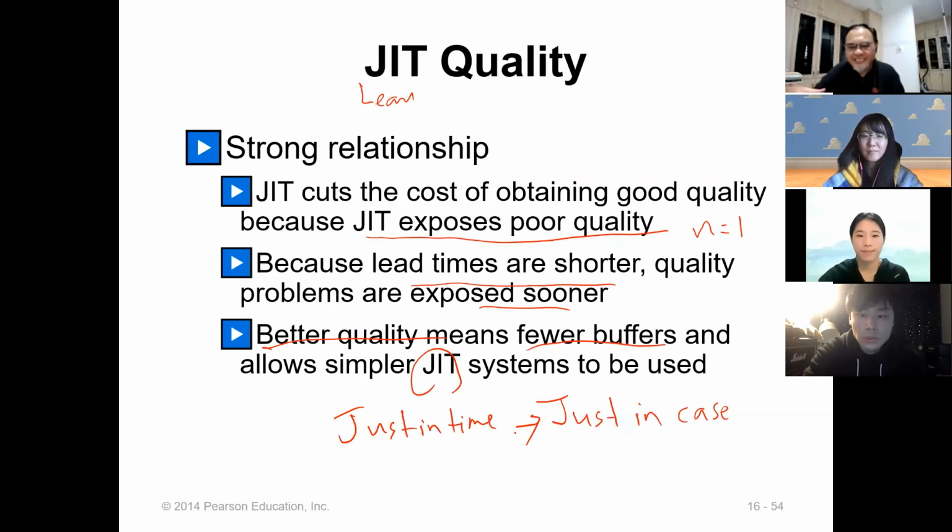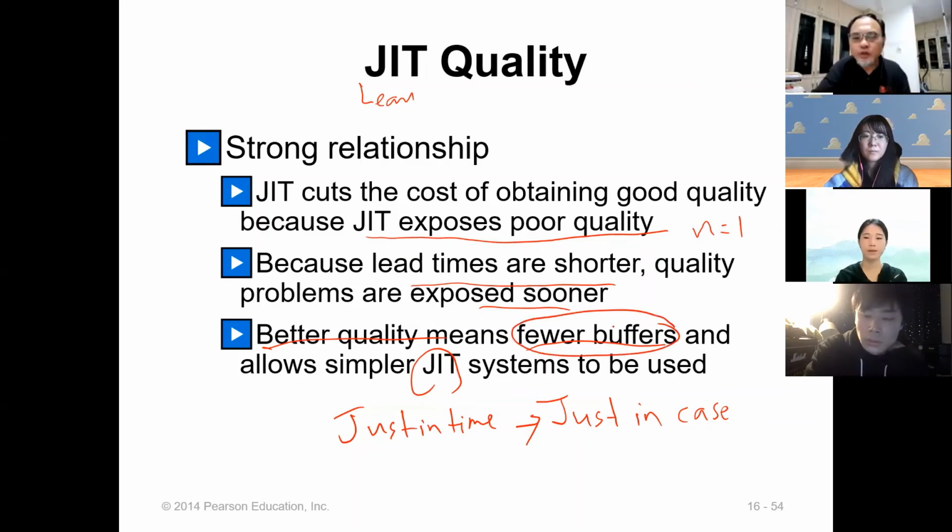Like just now I gave an example. I only give you one paper for the test, only one paper. But you say, oh, just in case I have one extra. So it's easy. We are not a just-in-case system, we are just in time. That's why we don't keep buffer.